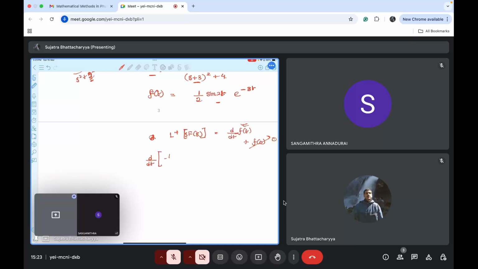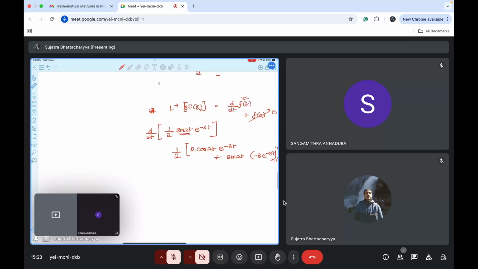So d dt of half sine 2t e to the power minus 3t. Okay, so half you can take outside. First, let's say, differentiate this sine 2t. It will be 2 cos 2t e to the power minus 3t, plus sine 2t as it is, and it will be minus 3 e to the power minus 3t. All right, so you can keep half, it doesn't matter.